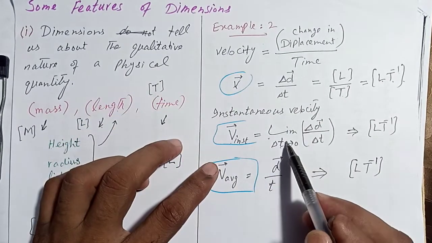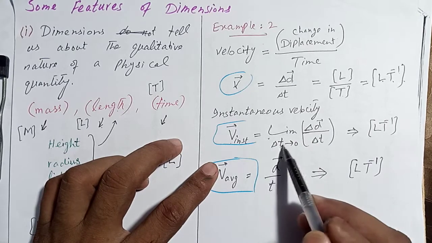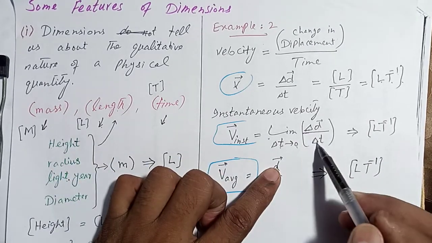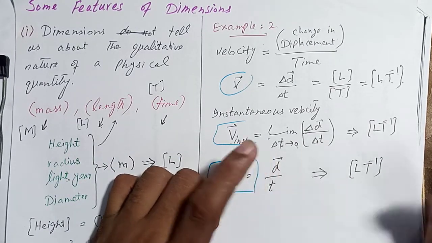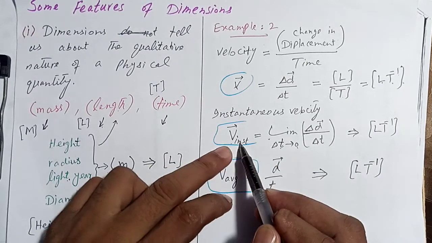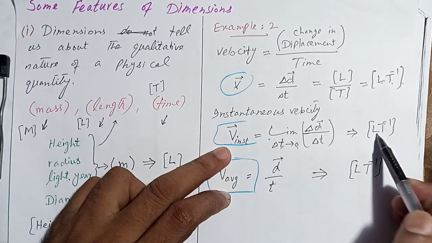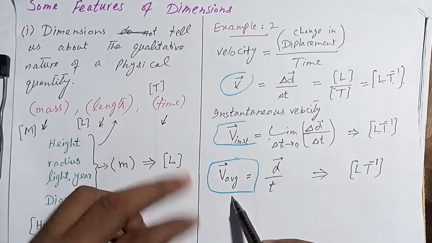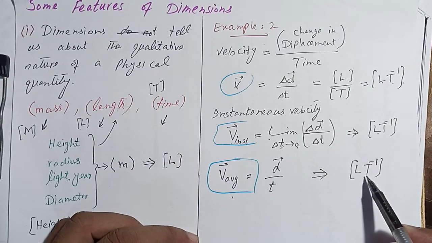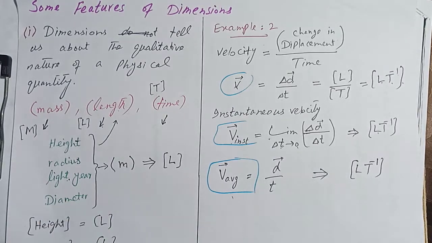Instantaneous velocity has the formula: limit delta t approaches 0, delta d over delta t. Simply, when we talk about its dimension, the dimension of instantaneous velocity is LT inverse, and the dimension of average velocity is LT inverse. So when we say velocity, average velocity, instantaneous velocity, we take these terms differently, as they have different meanings.